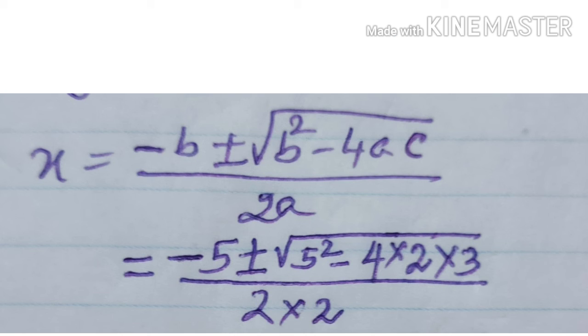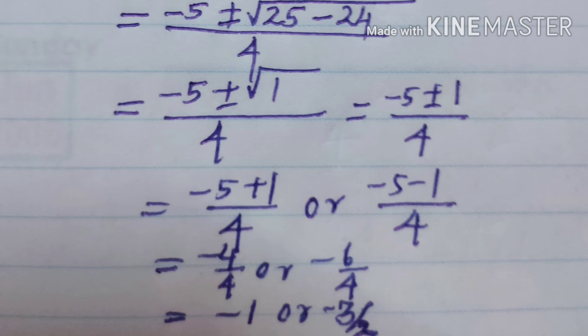× 2 × 3))/(2 × 2) = (-5 ± √(25 - 24))/4 = (-5 ± √1)/4 = (-5 ± 1)/4.